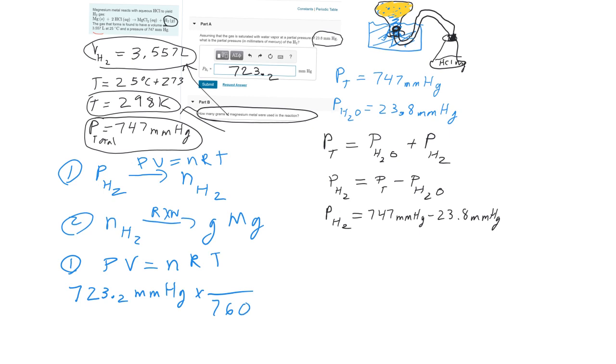So we need to do a quick conversion. And that gives me 0.9516 atm.